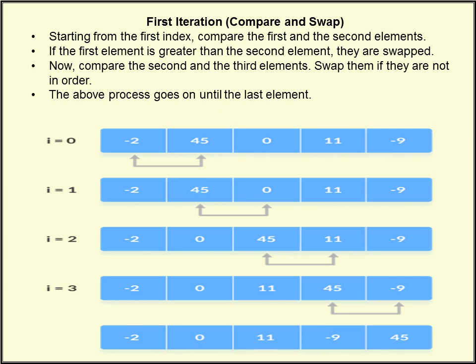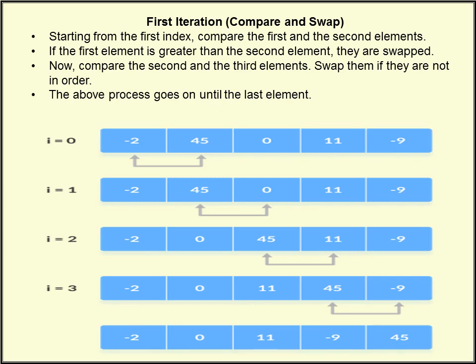The 45 is not less than 0, so swapping will occur and the index values of 0 and 45 will be changed. After that, we again check whether 45 is less than 11 or not. The 45 is not less than 11, so swapping will occur and the index values of 11 and 45 will be changed.